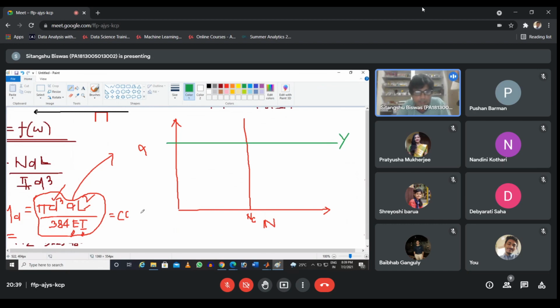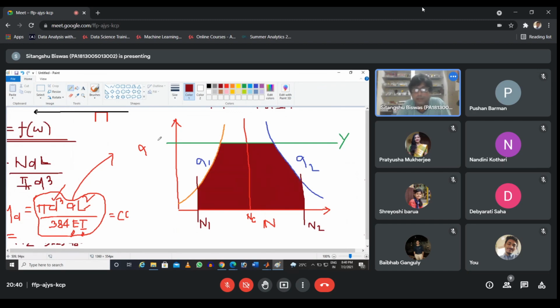If you plot from n1, it will be like this, and if you put n2, it will be like this. This is your sigma 1 curve and this is your sigma 2 curve, with n1 somewhere here and n2 somewhere here. Now in this zone, you cannot operate the pump.